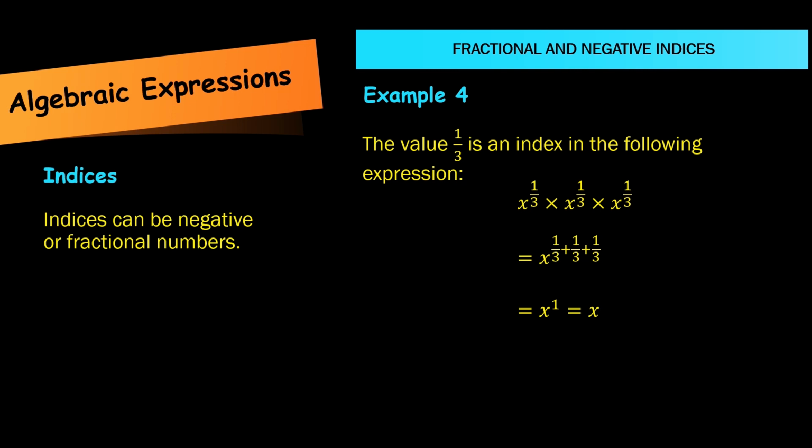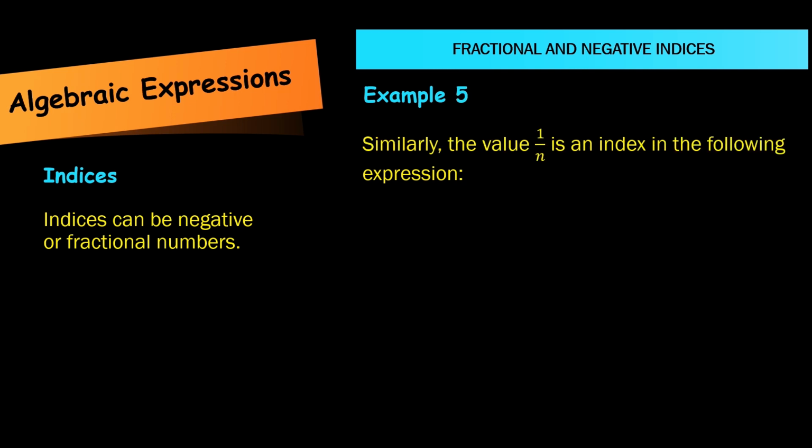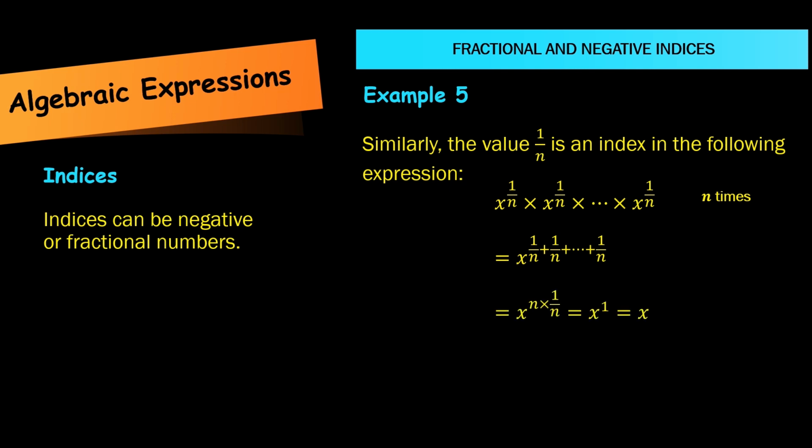Similarly, the value 1/n is an index in the following expression. X to the 1/n n times, multiplied by one another. This equals x to the power 1/n added n times, which equals x to the power 1, which is of course x.